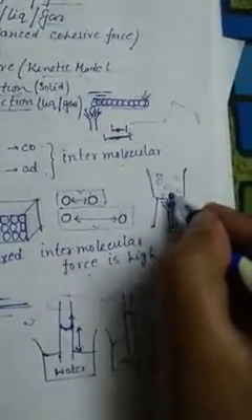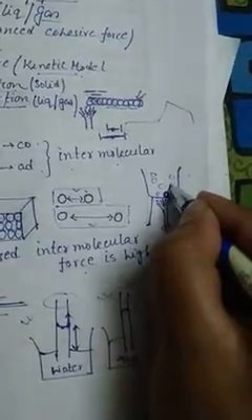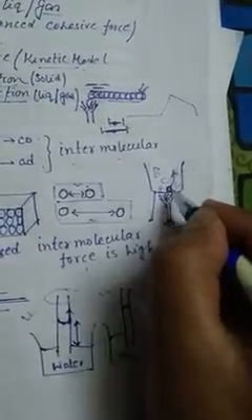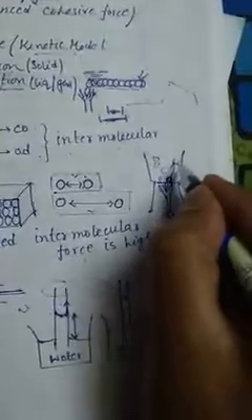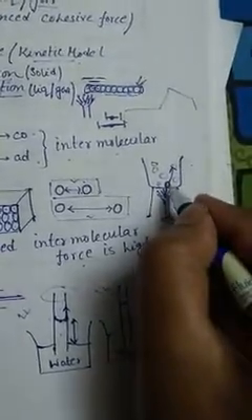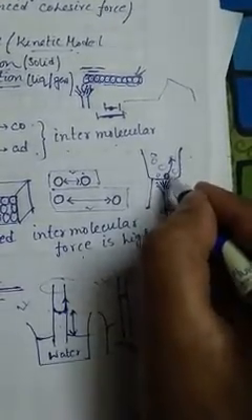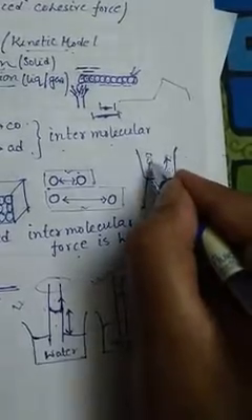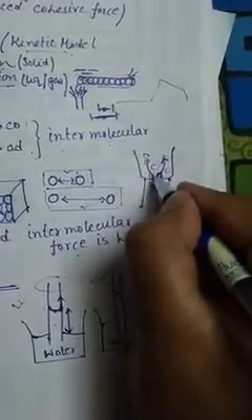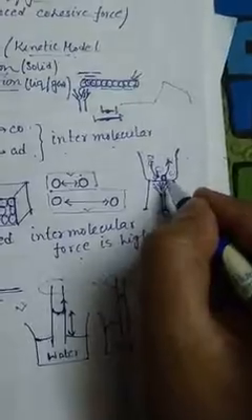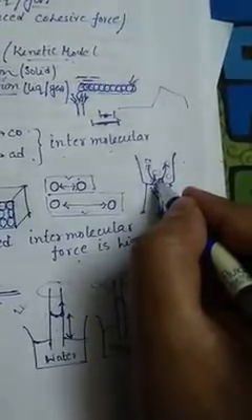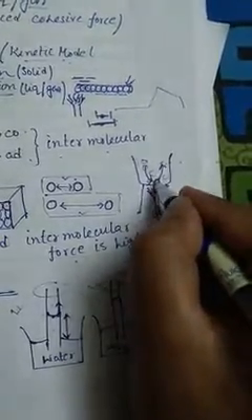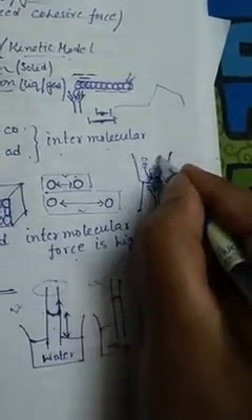When its kinetic energy increases, it will start to move and go upward, of course. When it is going upward, the lower side becomes empty, so a molecule from above will come down to fill this place, and again it will become hot and go upward.